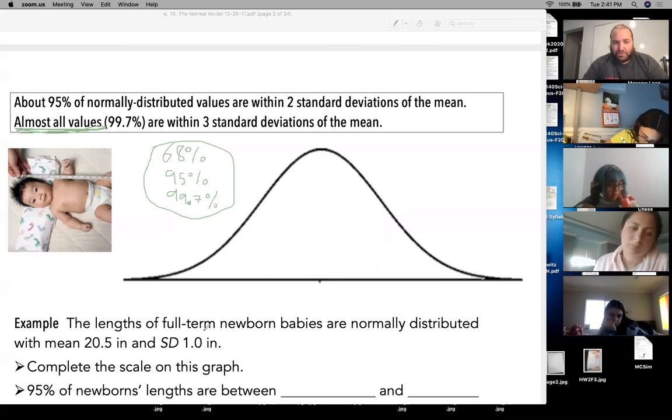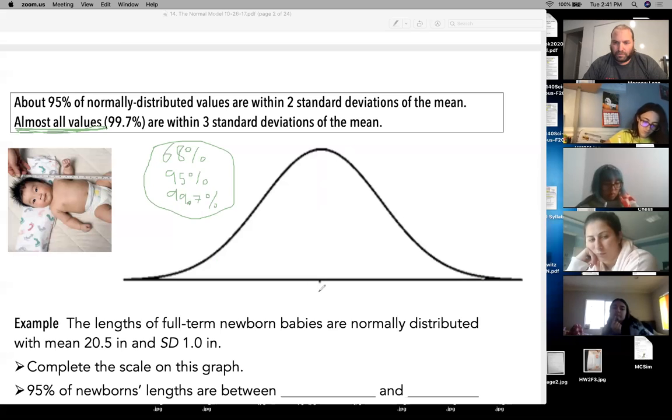It says the lengths of full-term newborn babies are normally distributed with a mean of 20.5 inches and a standard deviation of 1 inch. So what would the value be right here in the middle? How many inches is the center of my graph going to be? Do we subtract 20.5 from 1.0?